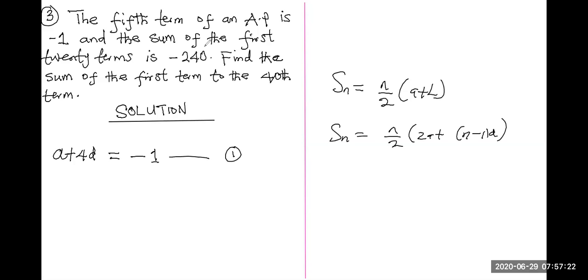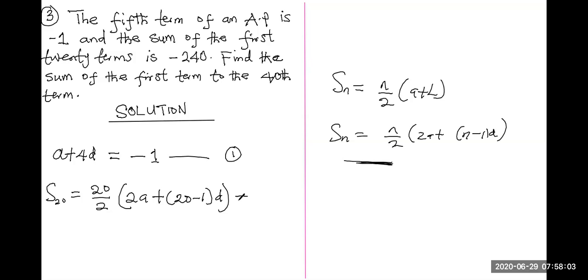And it says the sum of the first 20 terms is -240. So from the formula, S20 is equal to n over 2, which is 20 over 2, multiplied by 2a + (20 - 1) times d, and this equals -240.